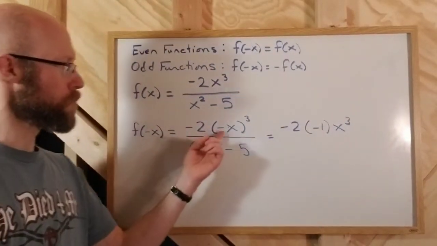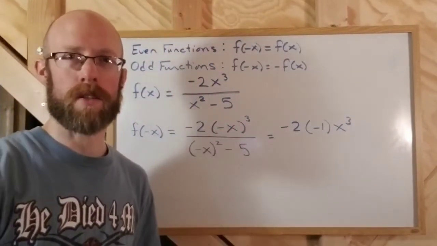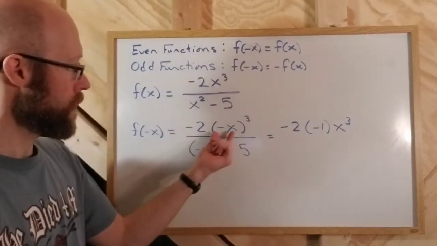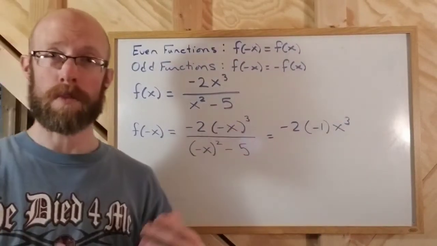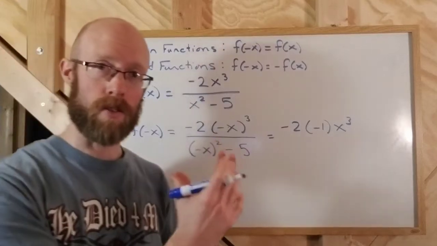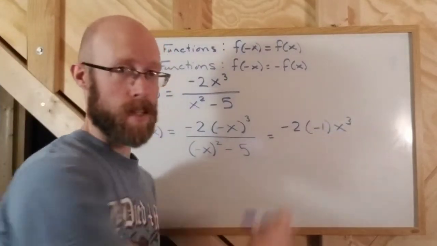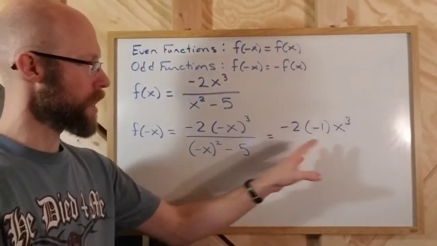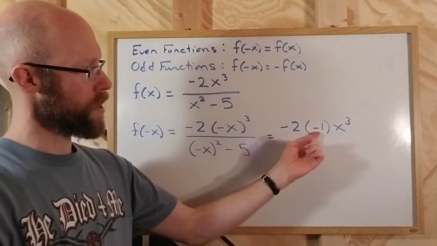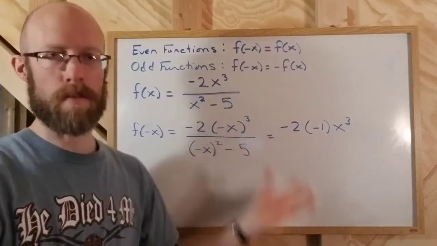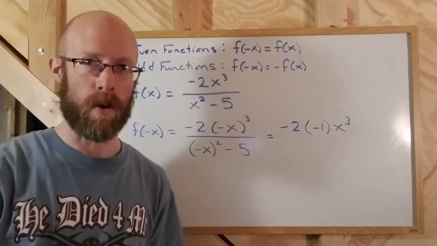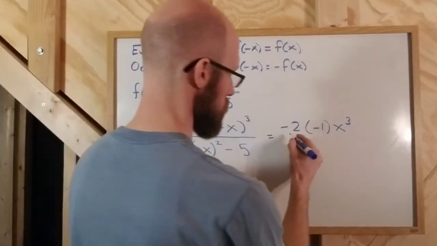Essentially move the negative out, because a negative cubed is going to be negative, so you could think of that as a single negative 1 times the x cubed. Now I'm writing that a little bit funny. I could write that without the parenthesis there or do something else, but I'm trying to separate that negative 1 factor, make it stand out a little bit.